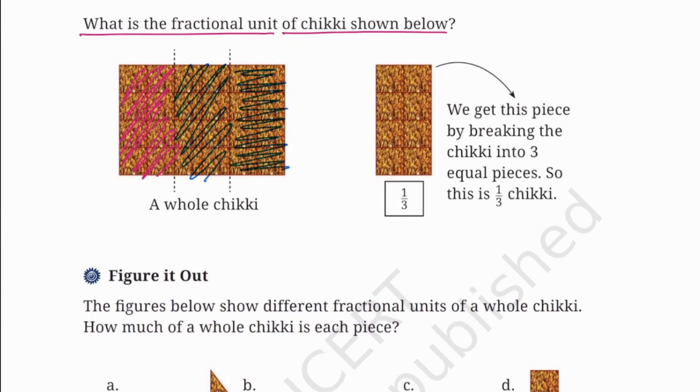So you can say one part has area of 1 by 3 of the whole chicky. We get this piece by breaking the chicky into 3 equal pieces. So this is 1 by 3 chicky. 1 by 3 or 1 upon 3. A whole chicky is here and 1 upon 3 chicky is here.